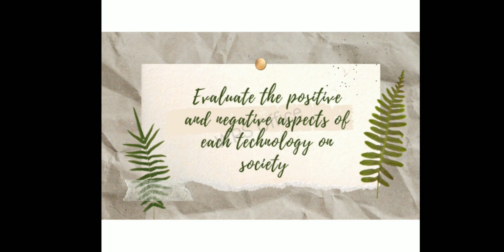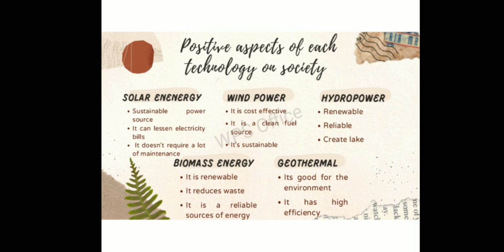Evaluate the positive and negative aspects of each technology on society. Positive aspects of each technology on society. First is solar energy. It is a sustainable power source. It can lessen electricity bills and it does not require a lot of maintenance. Second is wind power.